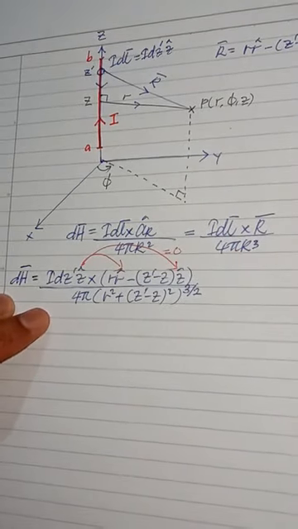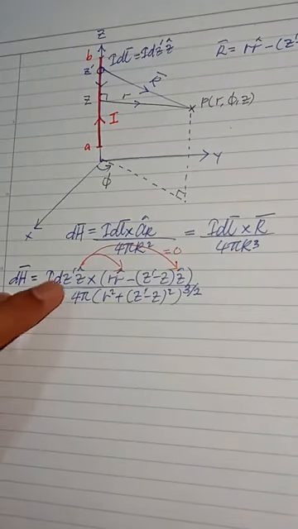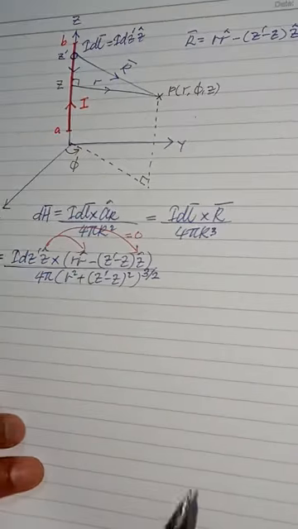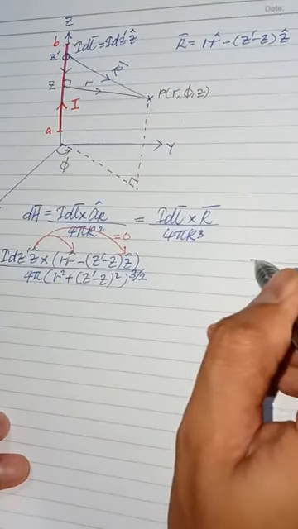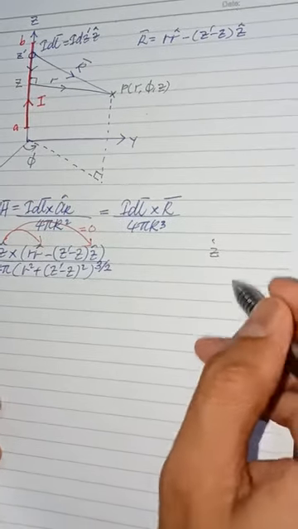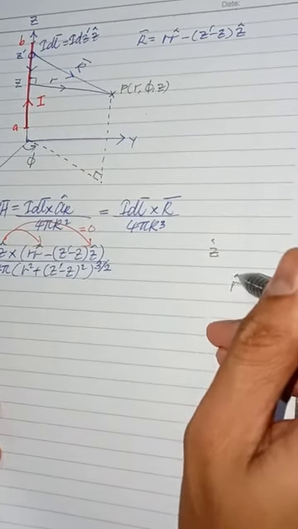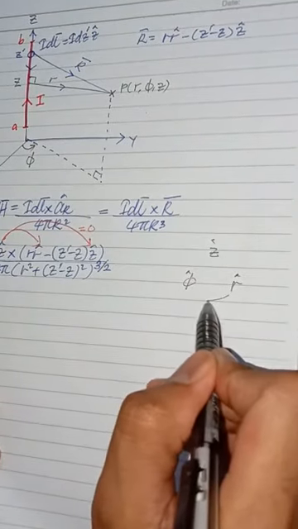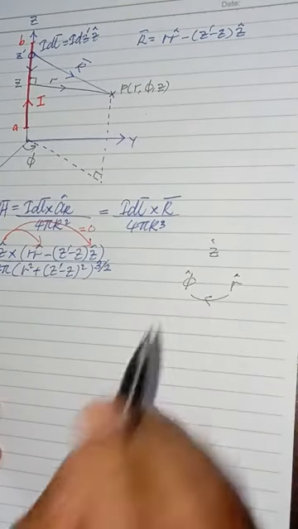And now how do we find the cross product between z and r? Let's do a simple analysis of cross products. Let's say we have here the z, here we have the r and the phi. When r cross phi, we are going to have z.